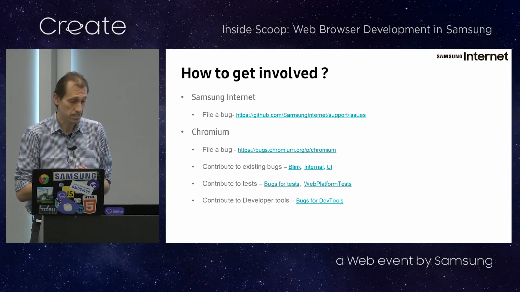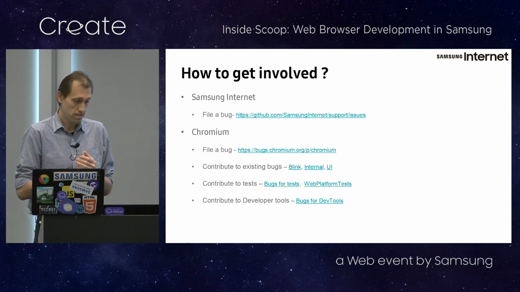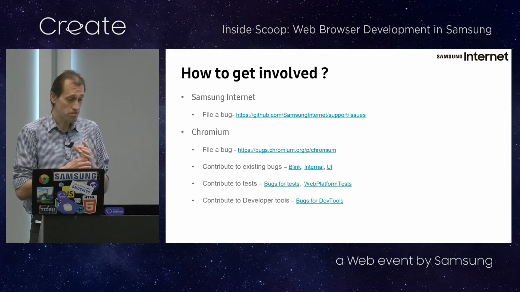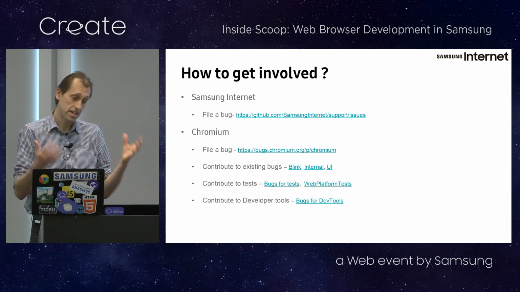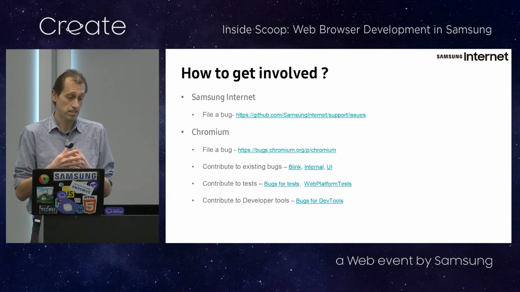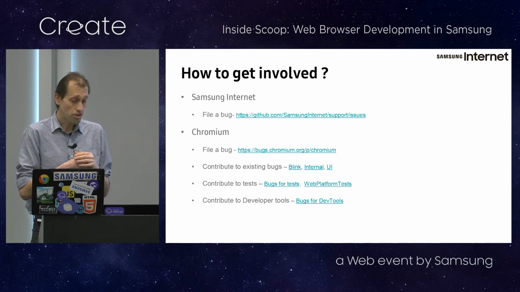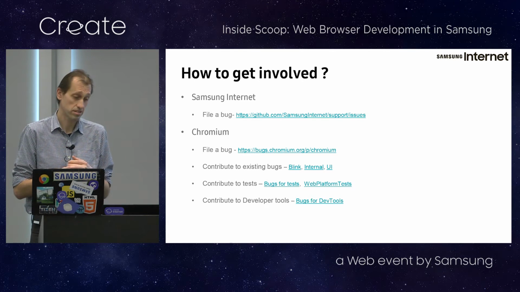We have a GitHub entry for that. Chromium itself is C++, but there are actually a lot of ways you can contribute if you're not a C++ developer. You can file a bug, or you can triage existing bugs.